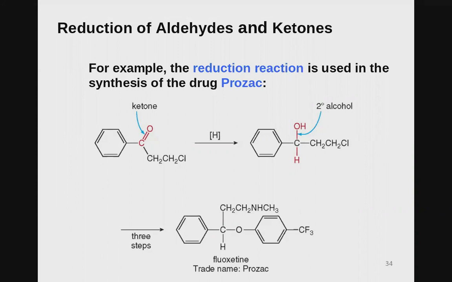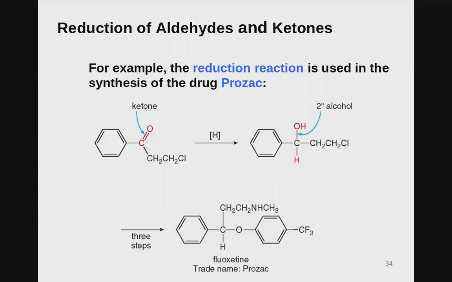Now we have a multi-step reaction here. You notice we have a reduction reaction here and a reduction reaction here. The first thing we have is a ketone. That's what we start off with. It's reduced, thus forming a second-degree alcohol.